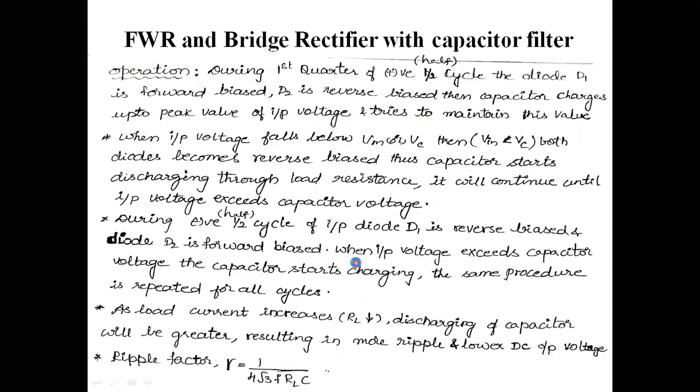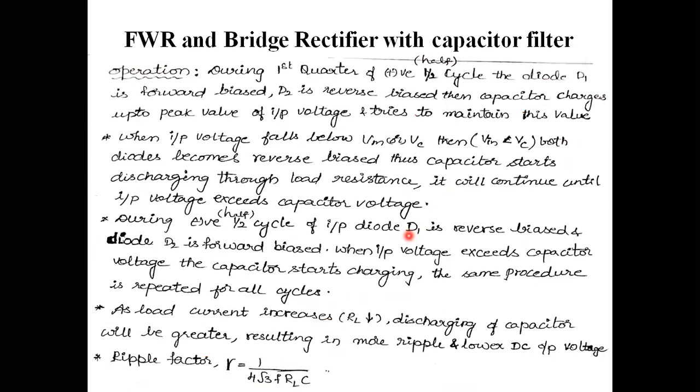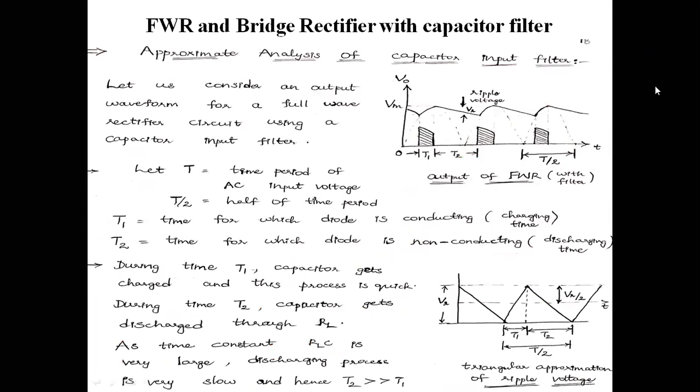This is about the operation of the full wave rectifier with respect to the capacitor filter. Next one is the approximate analysis of the capacitor input filter. In this we have seen this diagram already.